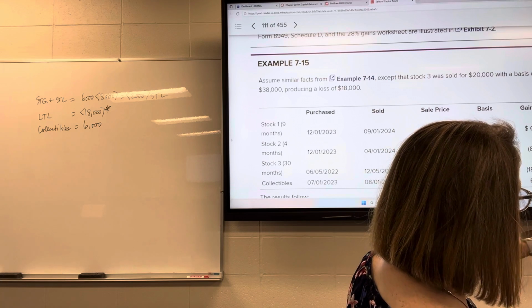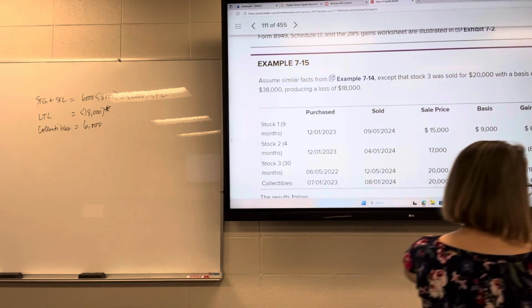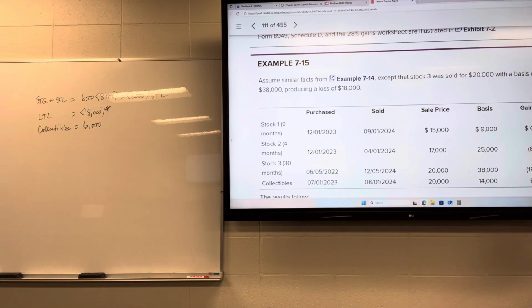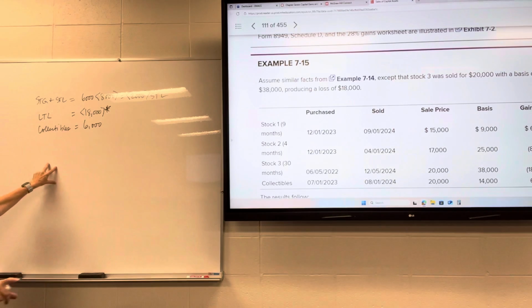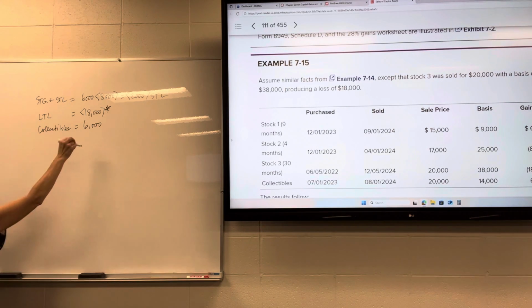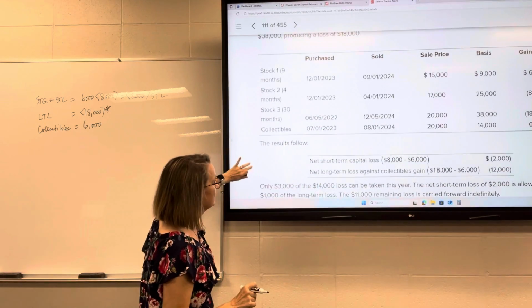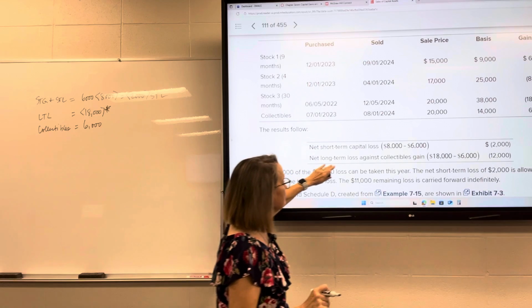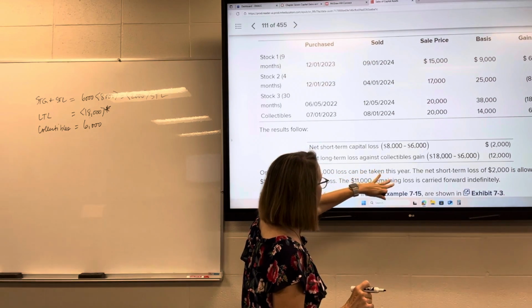So short-term capital loss, long-term capital loss. And so now we're going to use this scenario here. We're going to deduct using the highest tax rate first. We're going to take 3,000. We're going to net the long-term loss against the collectibles gain.